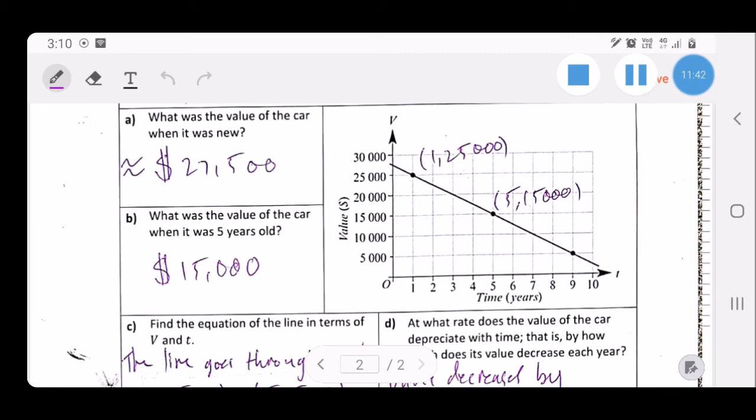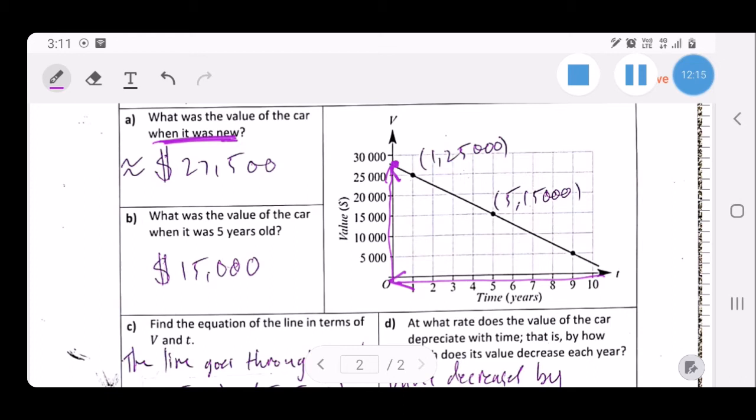Once again, students find this confusing. What was the value of the car when it was new? Well, I'm not given any figures. How can I give an answer to a maths question when I'm not given any numbers? Well, when it was new, in other words, when t equals 0 years. And when t equals 0 years, I can see that the corresponding value is, well, it looks like $27,500, doesn't it?